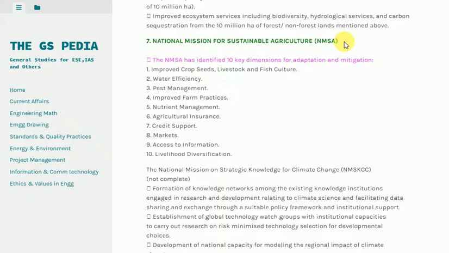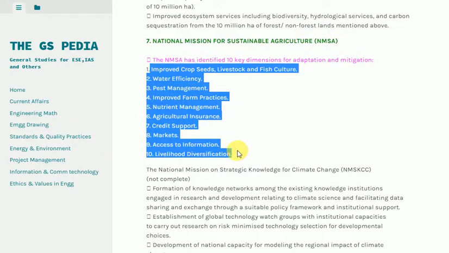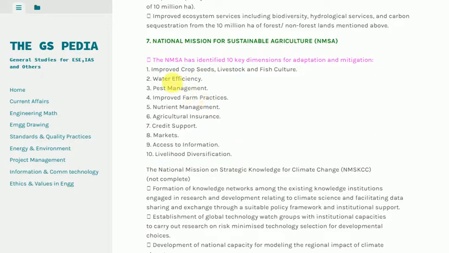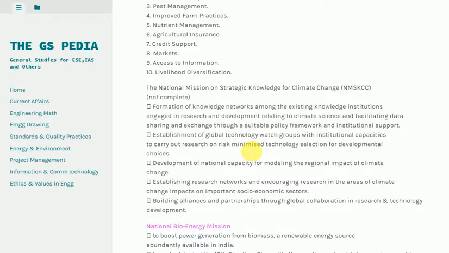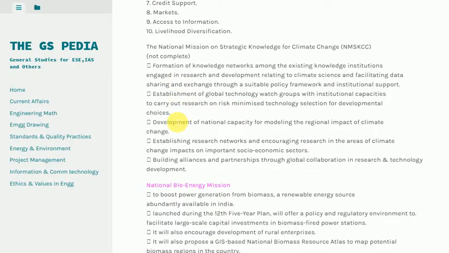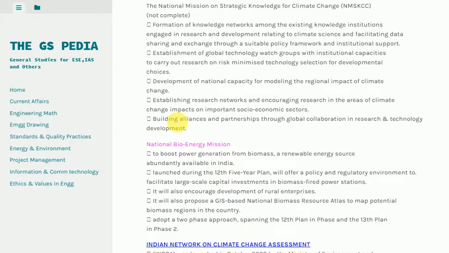Livelihood diversification. 8. The National Mission on Strategic Knowledge for Climate Change, NMSKCC. Formation of knowledge networks among the existing knowledge institutions.